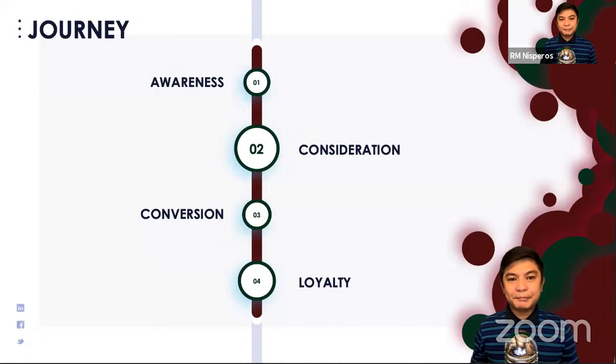Now, the second concept in knowing your customers is knowing the customer journey. This is the stages that a customer goes through when they want to purchase something. I mentioned that marketing is about building relationships, so the end goal of any customer journey is loyalty, where you can ensure a relationship with them and those customers would continuously buy from you.